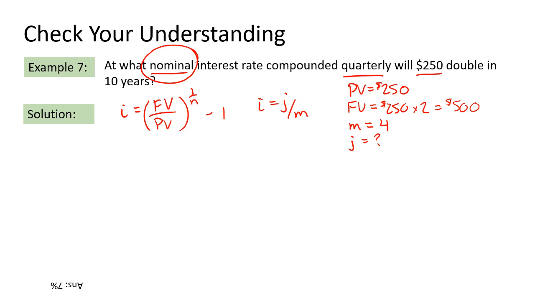Well, the other term we can calculate, though, is N. Okay, I'm just going through the list of each of these terms that we could calculate, right? It's all the same terms that you're just calculating for each time. N is equal to the number of years multiplied by the number of compounding periods per year. So we know from the question it's 10 years, and that's multiplied by 4 compounding periods per year because it's quarterly, which gives you a value of 40.